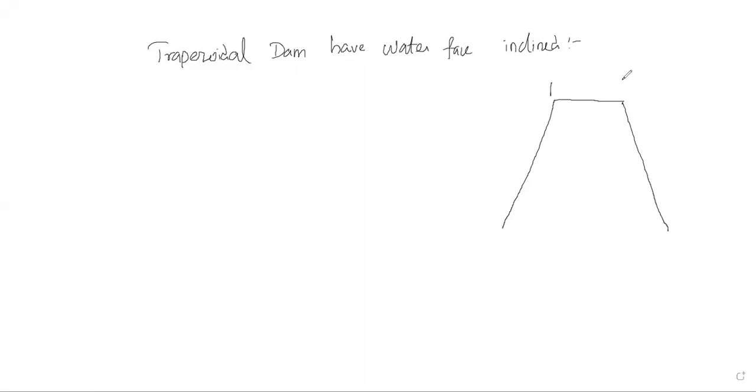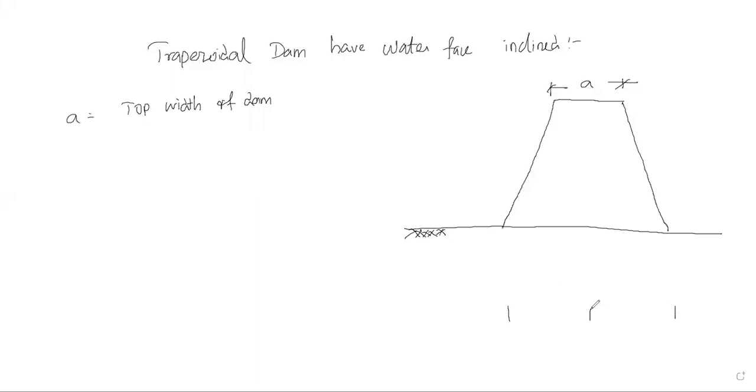So here the top width is equal to A. A is equal to top width of dam, and B is equal to bottom width of dam structure.